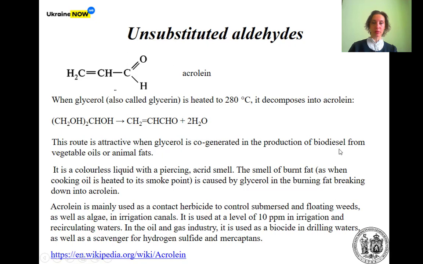This compound is used as a herbicide and also to control floating weeds. It is irritating, it produces tears. These are lacrimators, compounds that can produce tears, so acrolein belongs to this group of compounds.